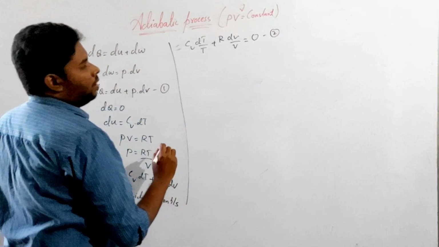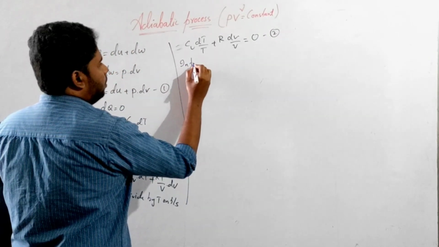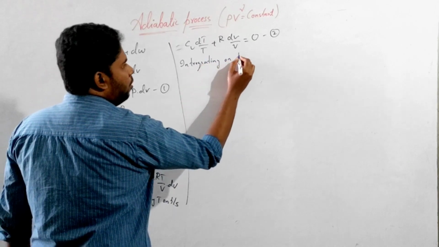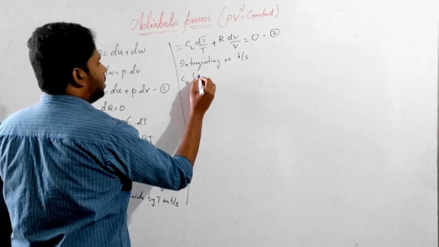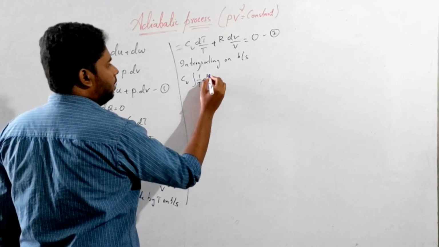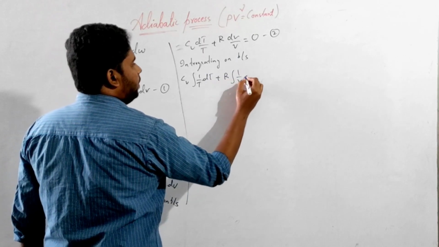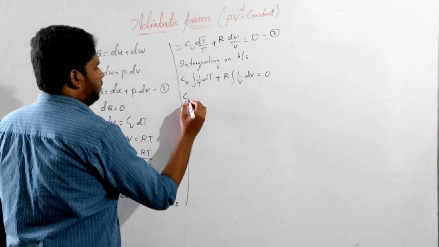Now what I will do, I will integrate this equation on both sides. So this Cv is constant, as it is. Integration of 1 by T into dT, plus this R also constant, integration of 1 by V into dV, which equals 0. So I can write this Cv as it is.